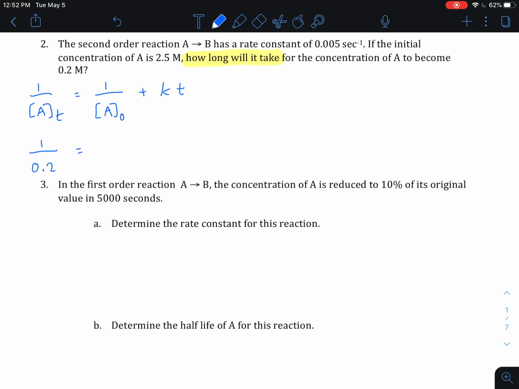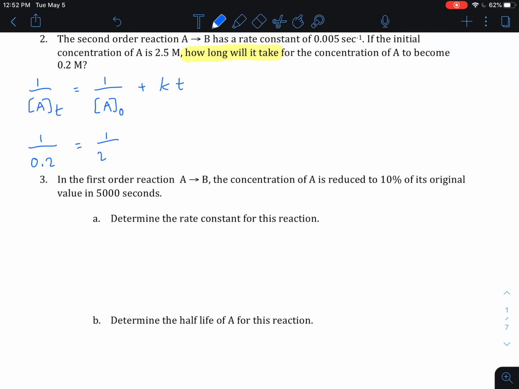Let's plug in the numbers that we have. So it's 1 over 0.2, the concentration at time t, equals 1 over 2.5, the original concentration, plus k, our given rate constant, 0.005 t. So I should be able to tidy that up pretty quickly. 1 over 0.2 would become 5. 1 over 2.5 would become 0.4, and that equals 0.4 plus 0.005 t.